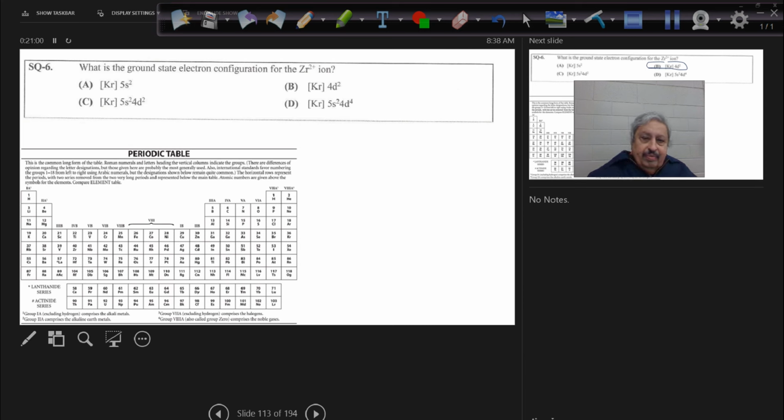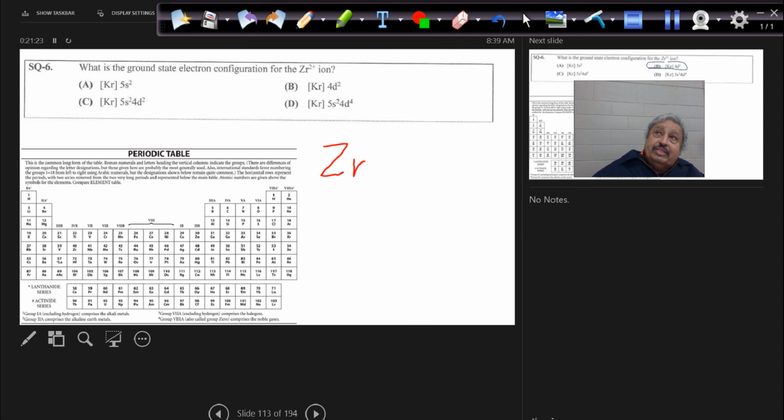First of all, always put the element here and then look at the periodic table and see where zirconium is and what is the atomic number of it.